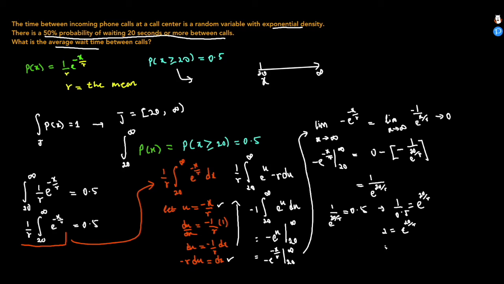If you take the natural log of both sides, ln of 2 equals 20 over r. Then r equals 20 over ln of 2, which equals 28.85. Okay, and that is r, and that is our mean time, the average wait time between calls.